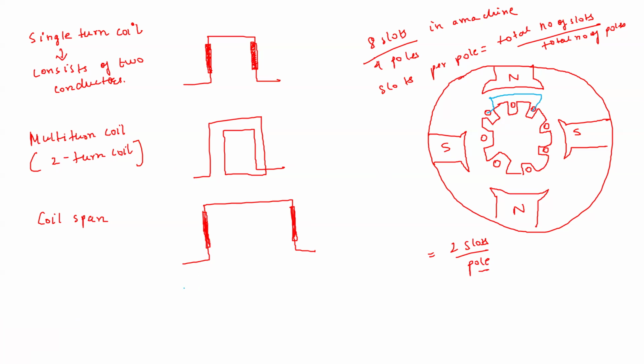So one conductor of this coil is under the North Pole and the other conductor is under the South Pole. This is how it generally is. This is called coil span: the distance between the two conductors, or the distance between two consecutive north and south poles.